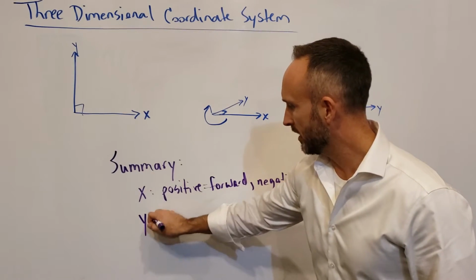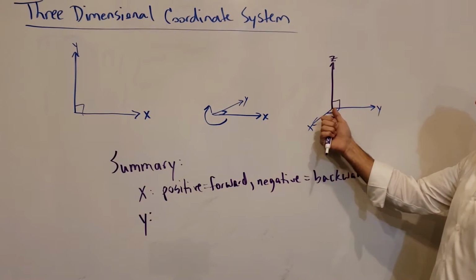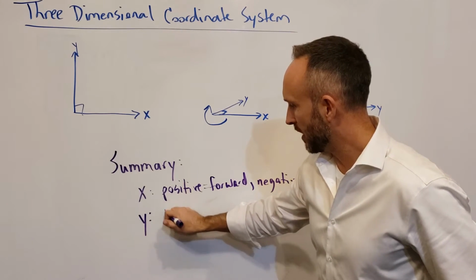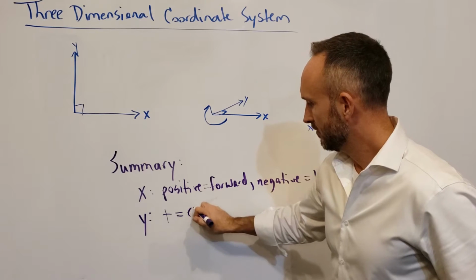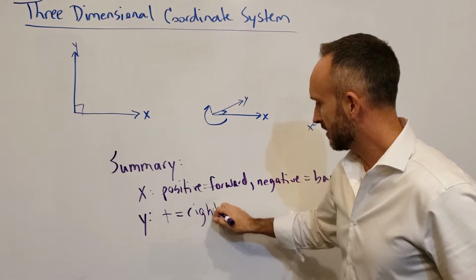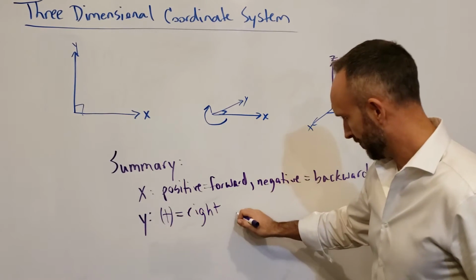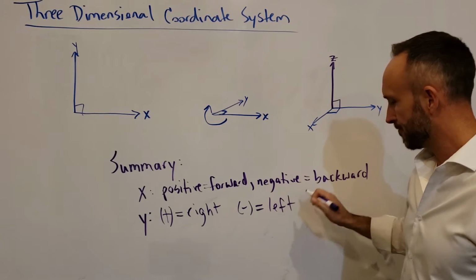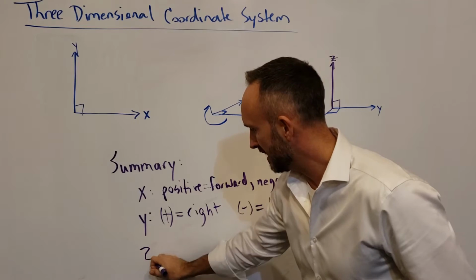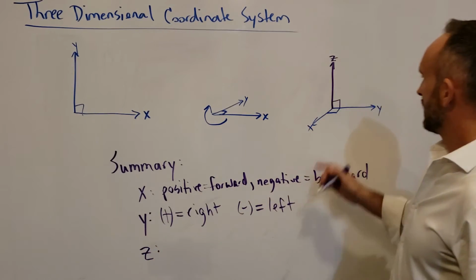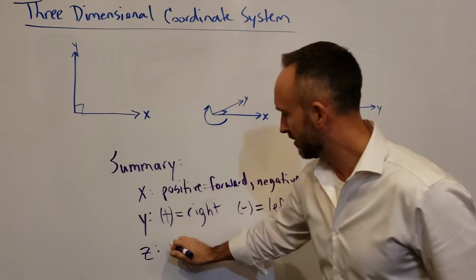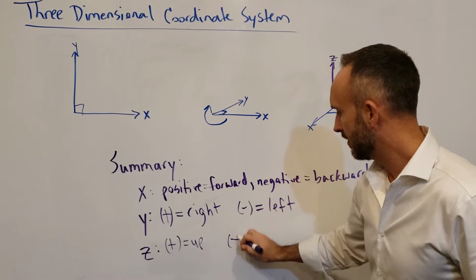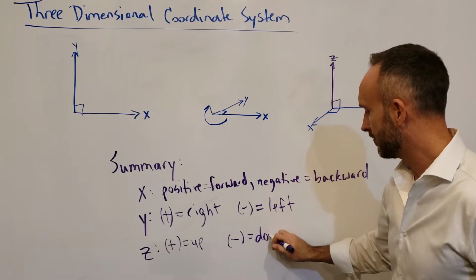The y-coordinate tells you positive is to the right, negative is to the left. So that's pretty easy. So positive is right, negative is left, okay? And finally, z, the z-coordinate, positive is up, negative is down.